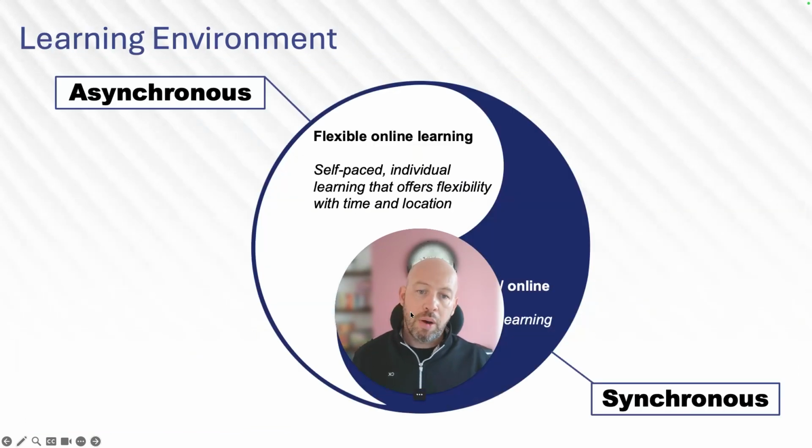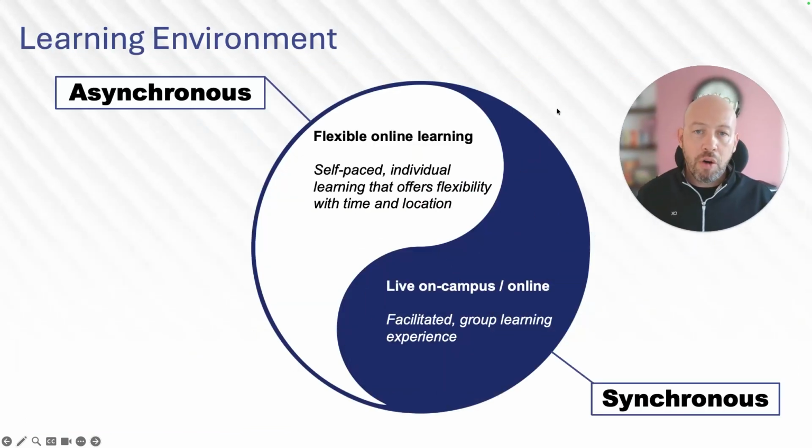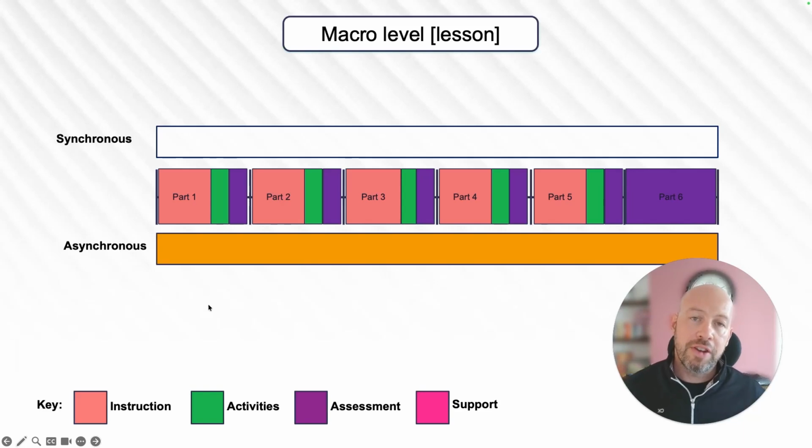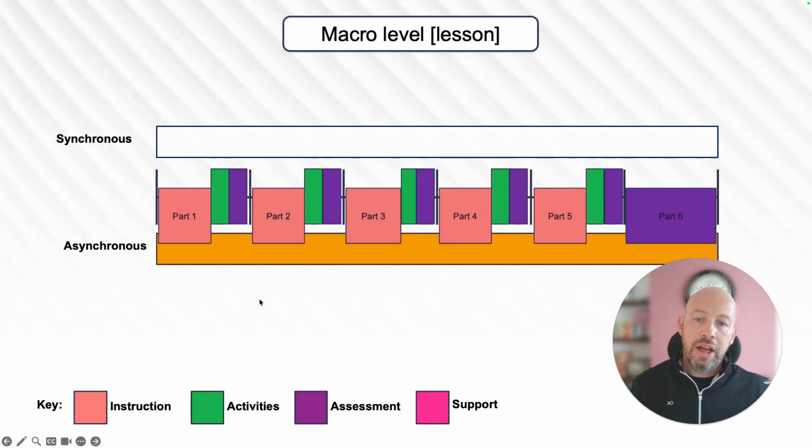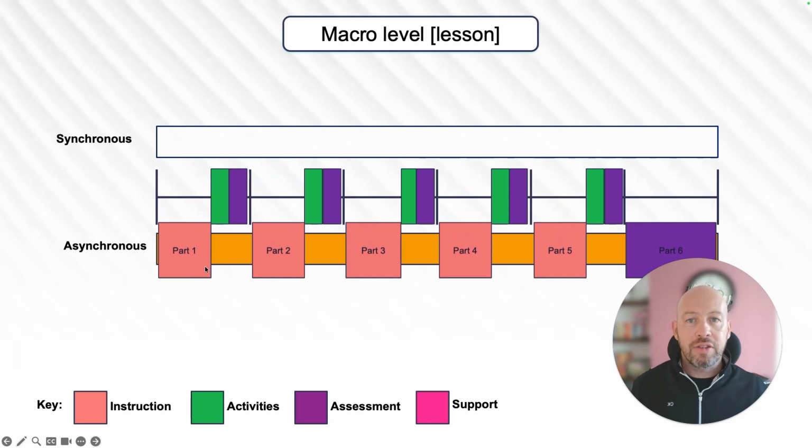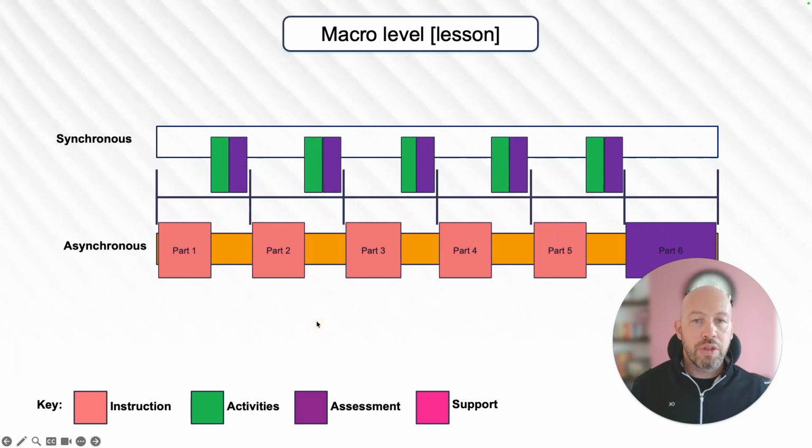And we talked about thinking about the affordances of different learning environments, what was best delivered where. And I finished up that video by asking you to consider where in your lessons was the instruction component, and if we could redistribute that to the asynchronous environment, what would that look like?